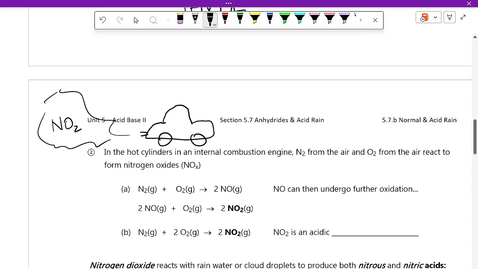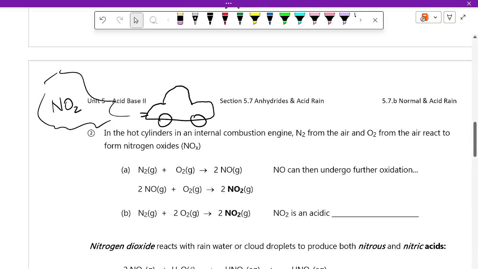So we have NO2. Okay, now you do not need to know these reactions. There's too much. Yes? But you should know that it is NO2 that does it.